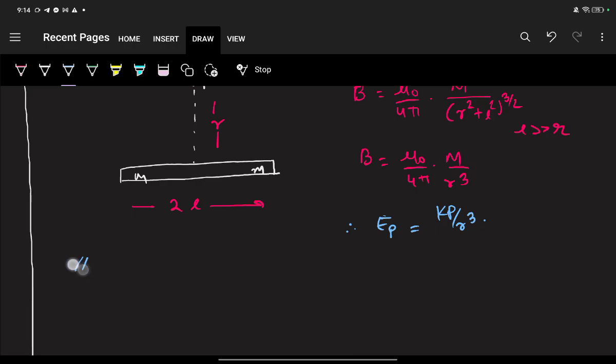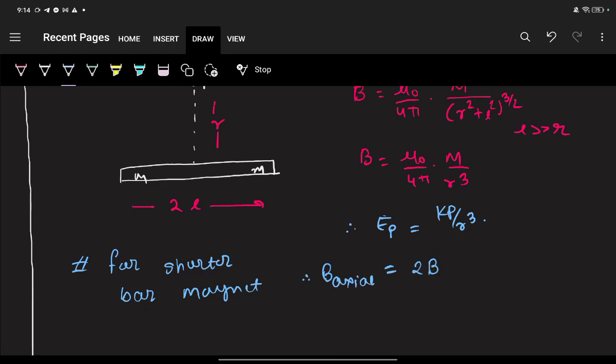So, a very important note: for a shorter bar magnet, B axial, that means the magnetic field at the axial point, is given as 2 multiplied by the magnetic field at the equatorial point or normal bisector.